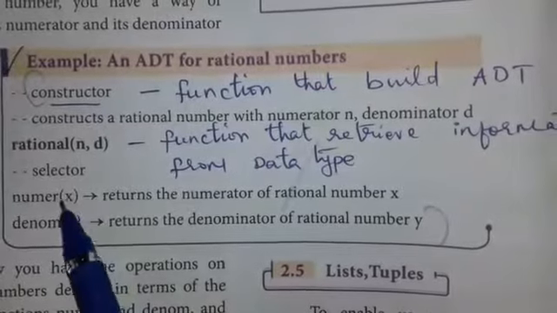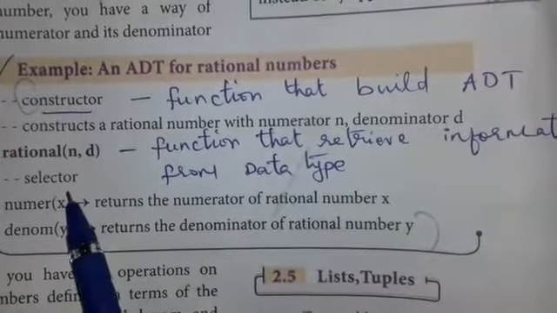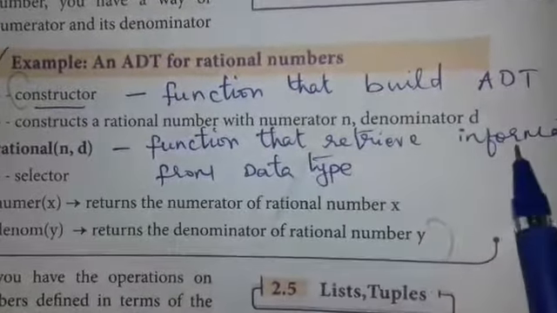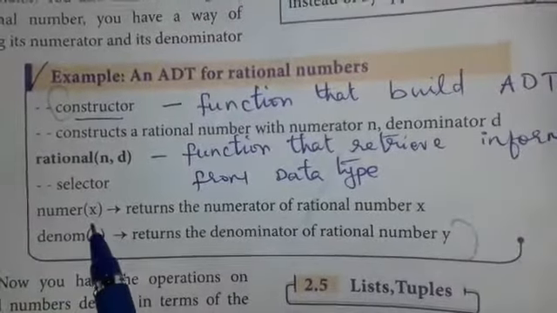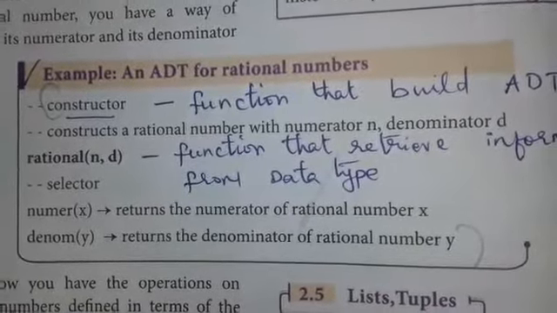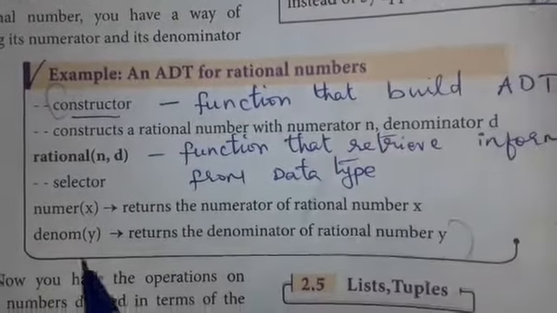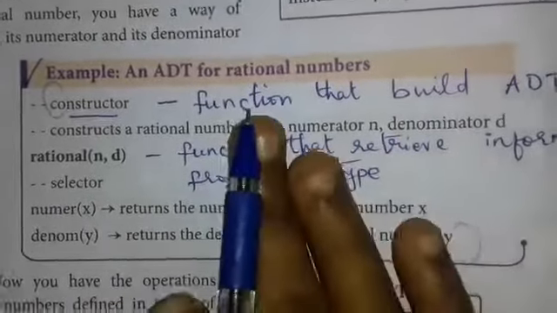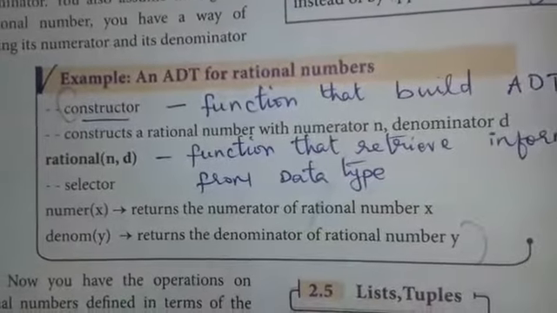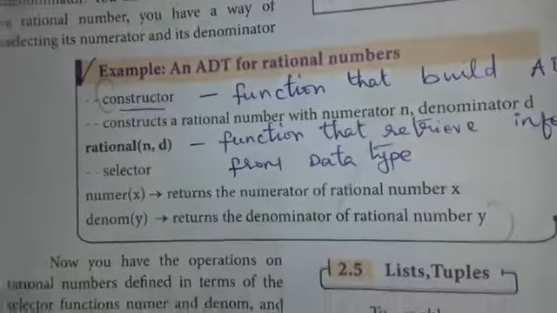The next one we have is the selector. The purpose of a selector is to retrieve information from the data type. So numer(x) will take the numerator of rational number x, and denom(y) will take the denominator of rational number y. The same example is given in the form of pseudocode.